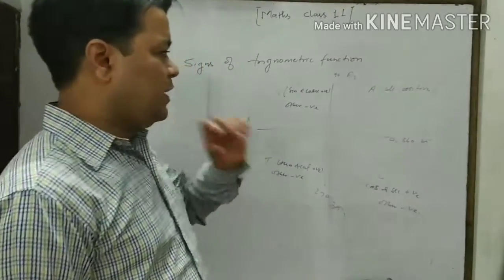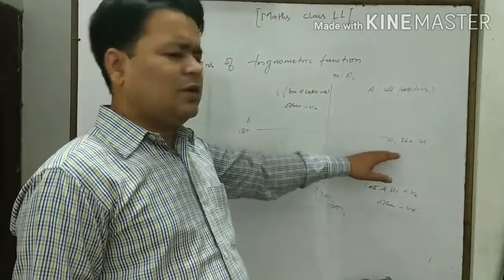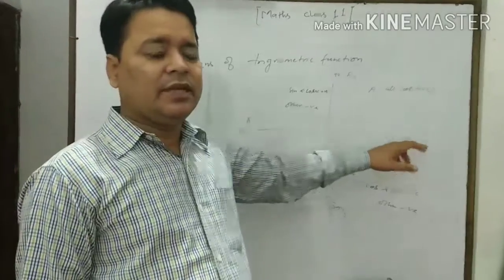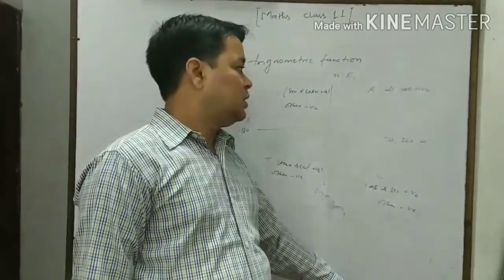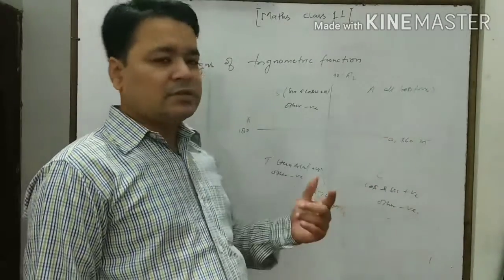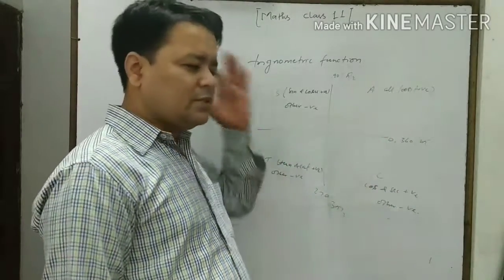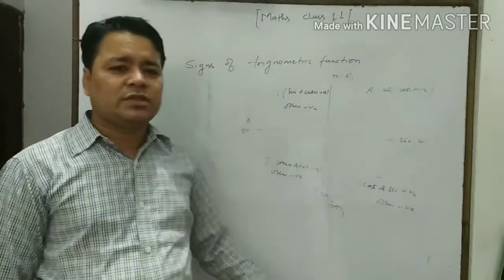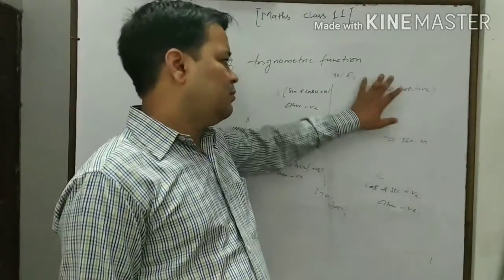It means if we take the value of angle 0 to 90 degree, then for all the value that will be positive. Means value of sine 30, value of cos 30, value of tan 30, value of cosec 30, means all value will be positive.